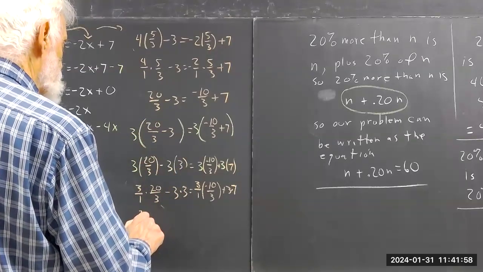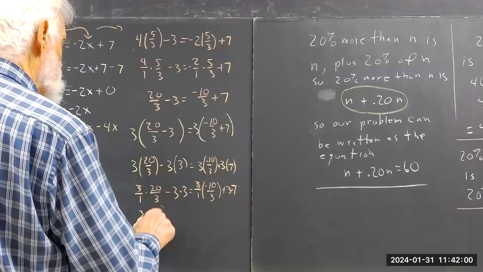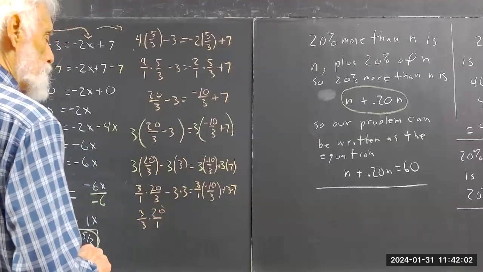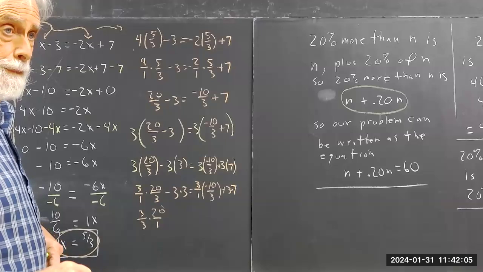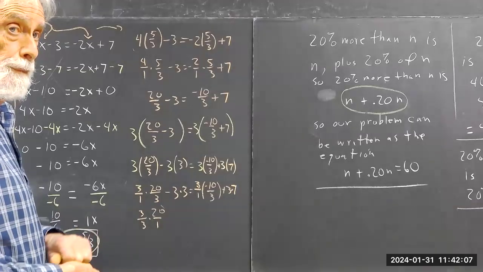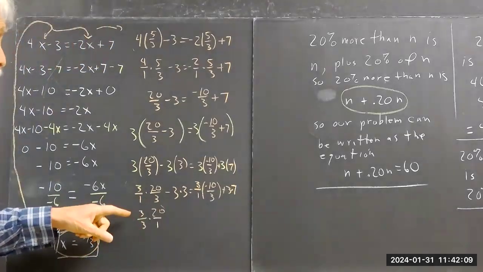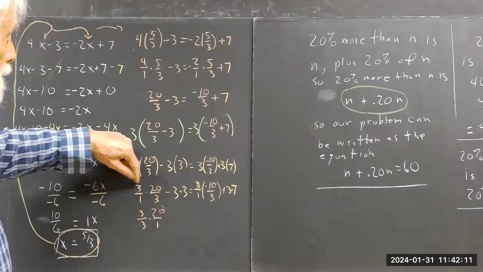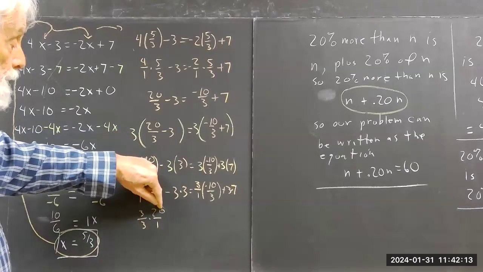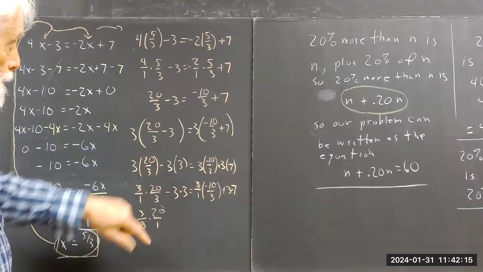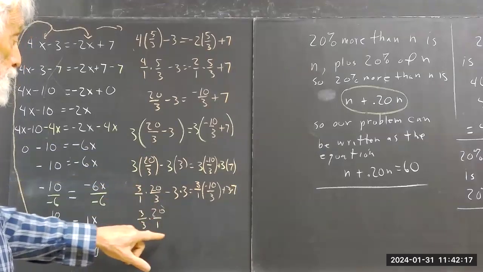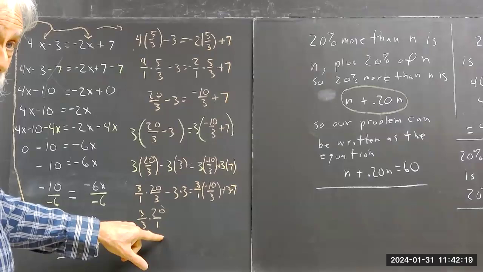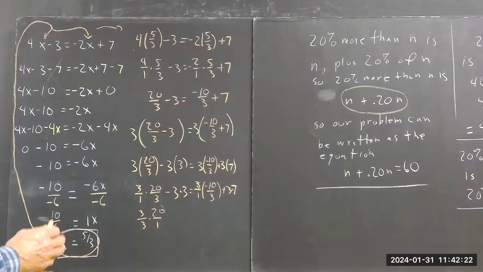This is the same as if I write 3/3 times 20/1, isn't it? Because when you multiply fractions, you multiply the numerators. 3 times 20 is the same here as it is here, right? And 1 times 3 is the same as 3 times 1. It's perfectly legitimate to do that.